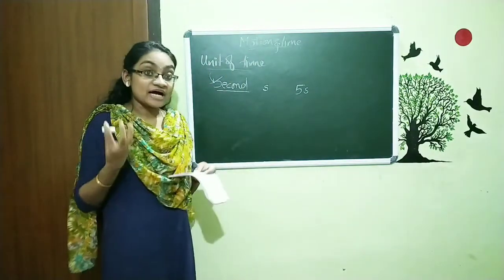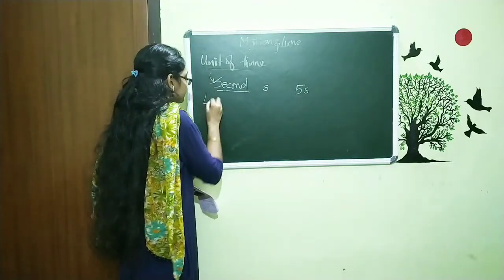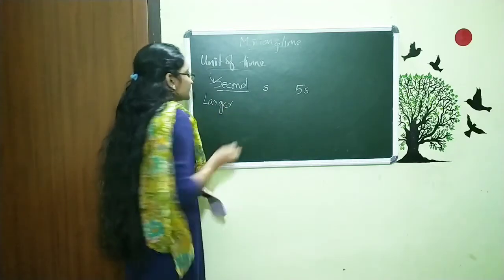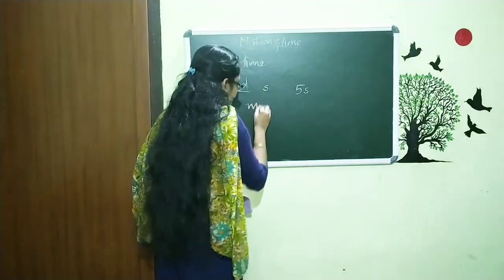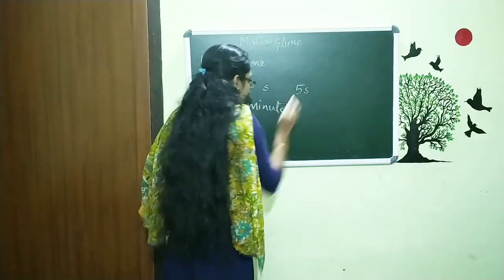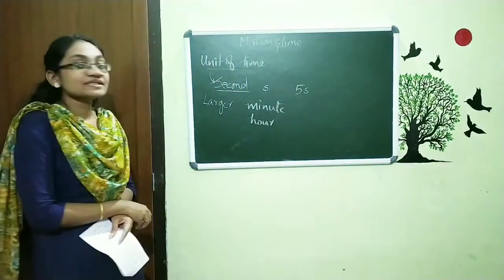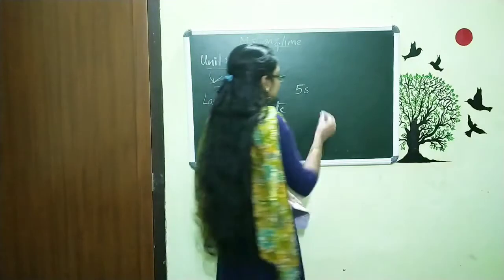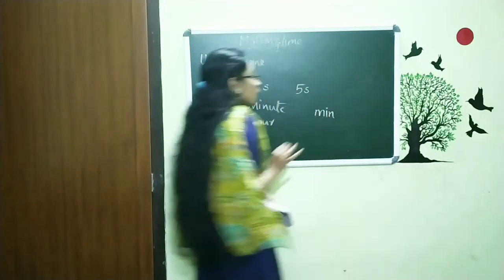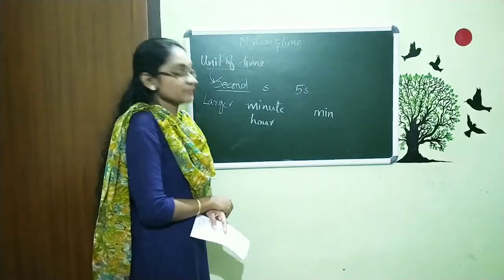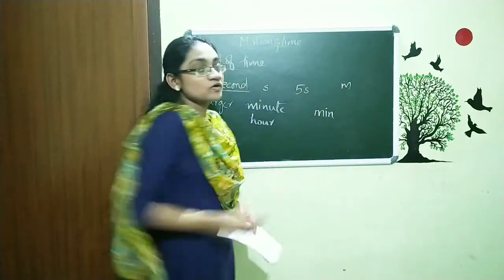And we also have other units, which are the larger units. Which are they? They are minute and hour. How do we denote minute? We denote the minute using m-i-n, all small letters. We are not using just m because we are already using m for the meter.